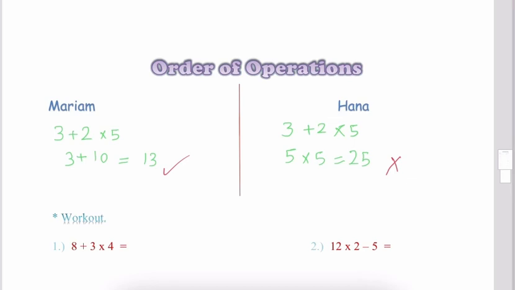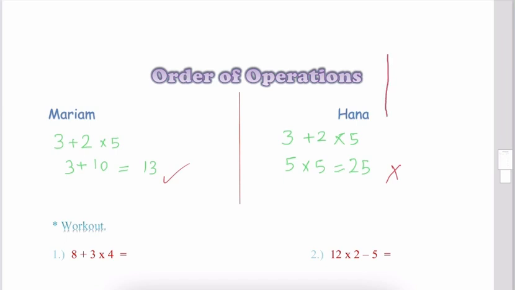To avoid this confusion, we follow a certain order of operations. First, we can divide them into 4 orders: 1, 2, 3, and 4.